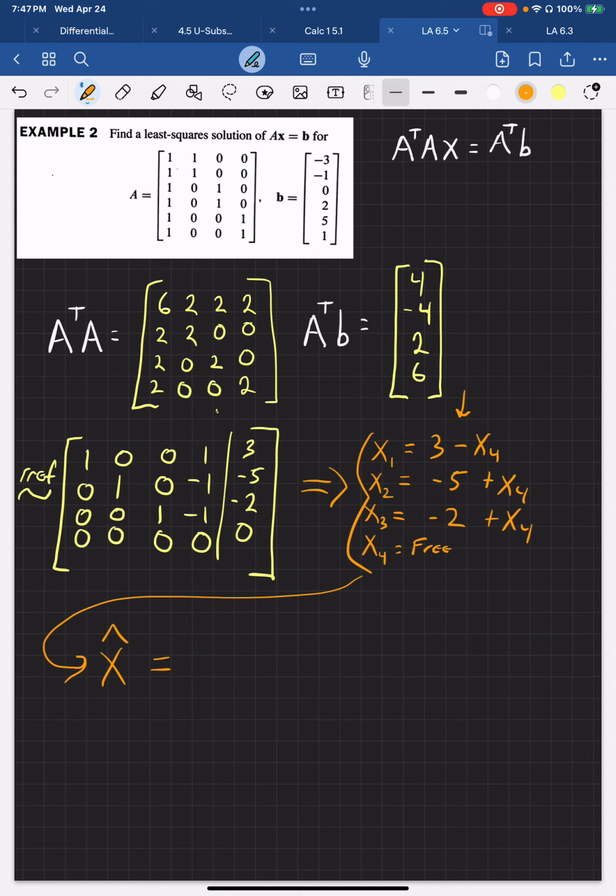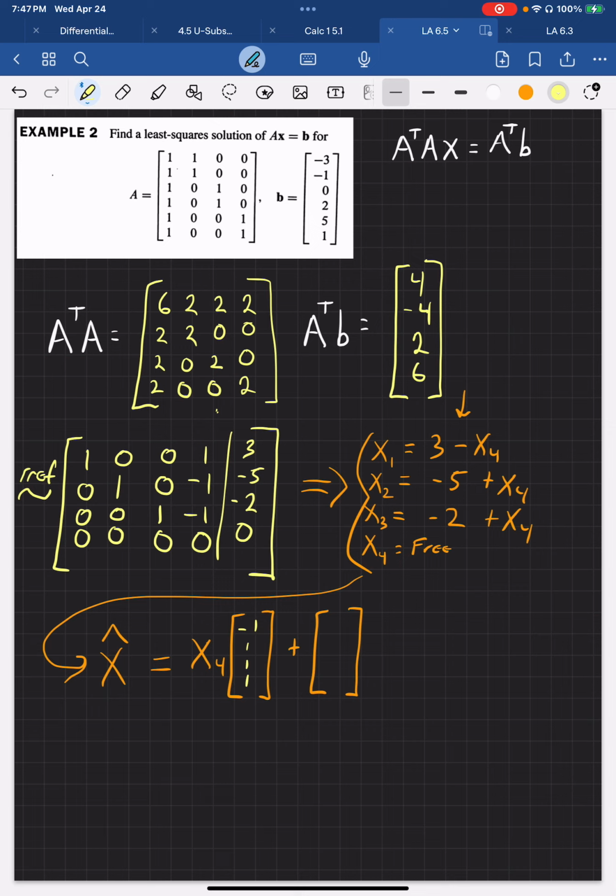So this is going to be of the following form. Right, so all the x sub 4s, let me go ahead and write it. So we would have negative 1, 1, 1, 1.